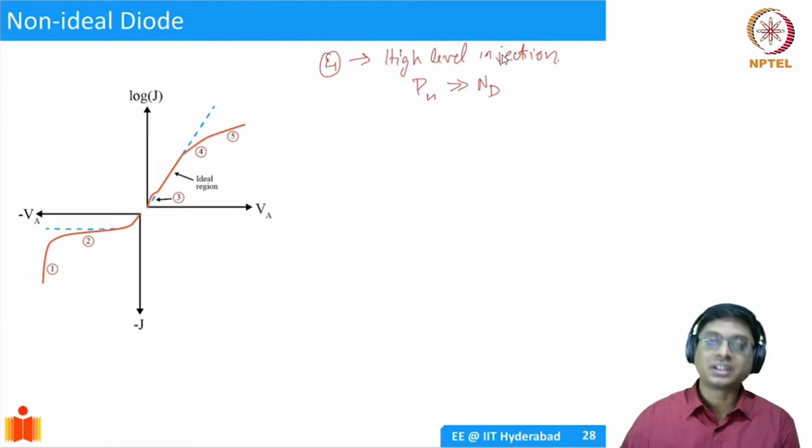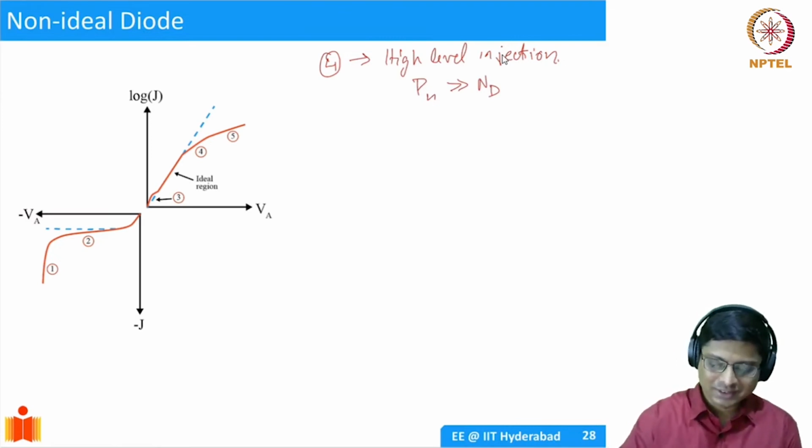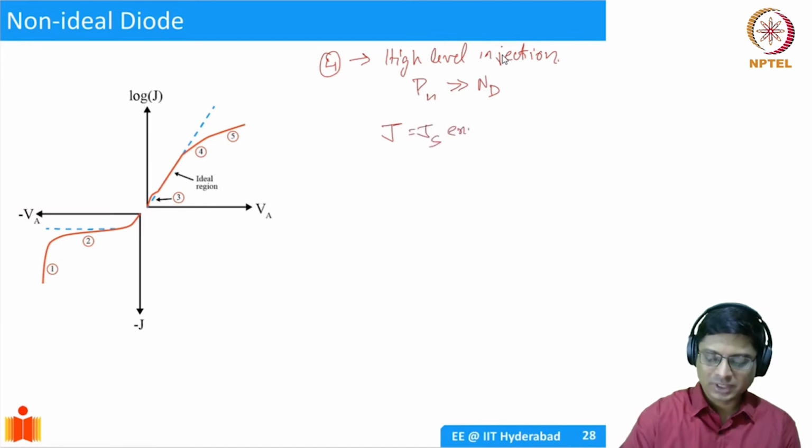If Pn is greater than that, then we get into a regime which we call high-level injection, and the analysis becomes slightly more complicated. We won't really get into it. We'll simply say that now J equals Js exponential of QV applied divided by 2kT, minus 1.